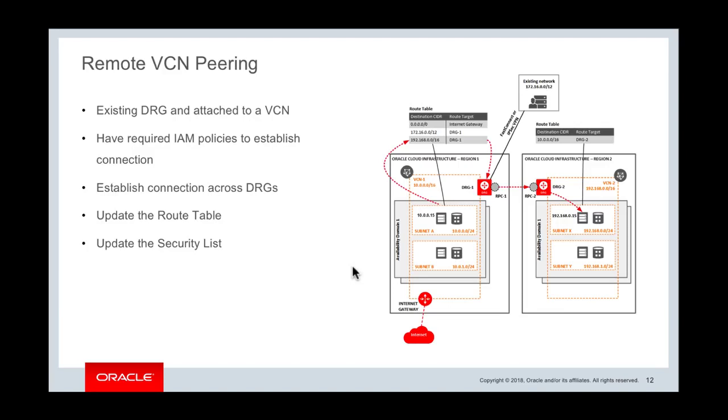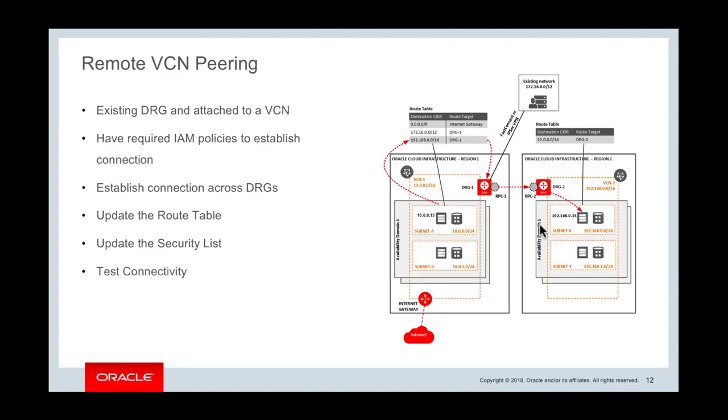Within it, there is subnet A with a 10.0.0.0/24 network, and it has a route table which says that to get to the 192.168.0.0/16 network, it needs to route the traffic to the DRG. Similarly, on VCN 2, there is a route table for subnet X, which says that to get to the 10.0.0.0/16 network, it needs to go to DRG 2. Once the connection is established and the route tables and security lists are created, you can go ahead and test your connectivity.